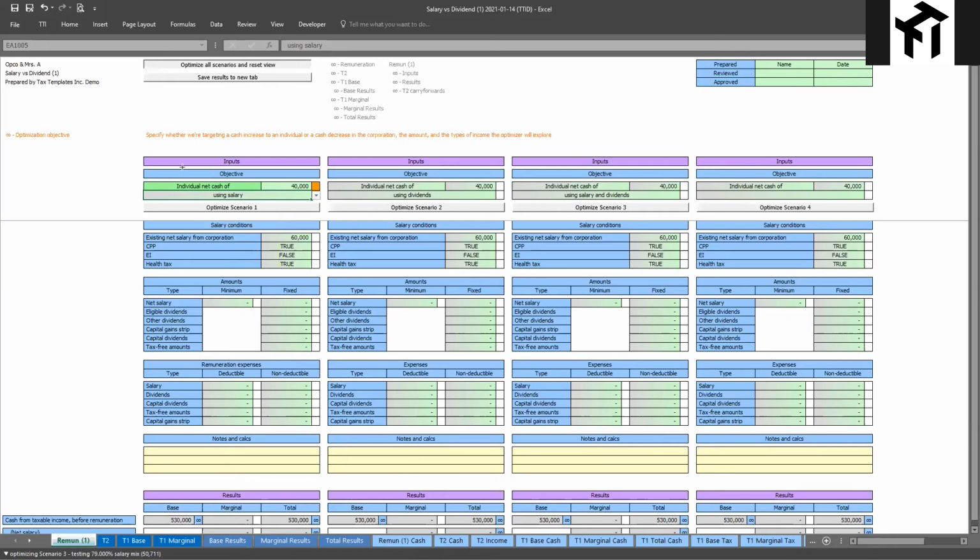If I use the other option, which was the corporate cash, in that case, we are looking to use a target of $40,000 of corporate cash, and we're looking to maximize the amount of personal cash the individual will have left over. So we're always looking to target one number and maximize the other number.